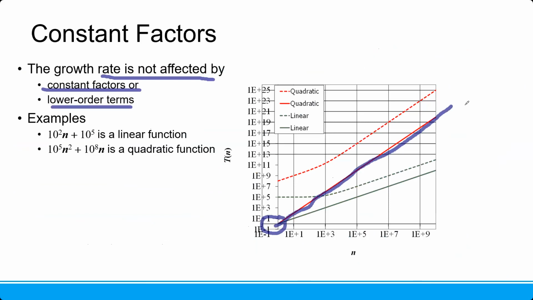If you use your tablet, maybe you will start from this one. Maybe when you run with your smartphone, the constant factor will start from this one. But the running time will still have the same function.